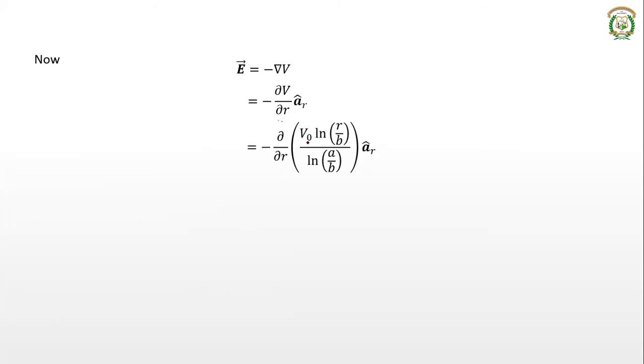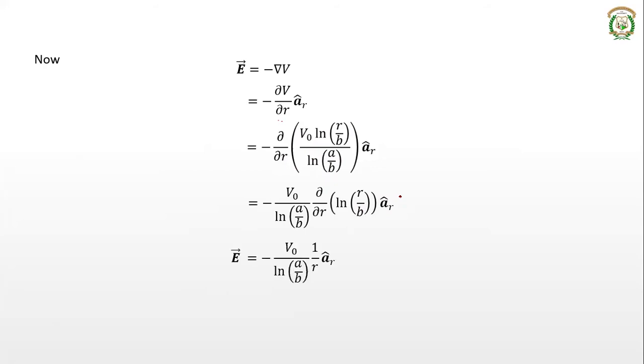First take the unrelated terms outside, that is V naught divided by ln A by B, then dou by dou R of ln R by B, direction AR. The differentiation of ln R by B is 1 by R. So E is equal to minus V naught divided by R ln A by B AR. This is the expression for electric field intensity.